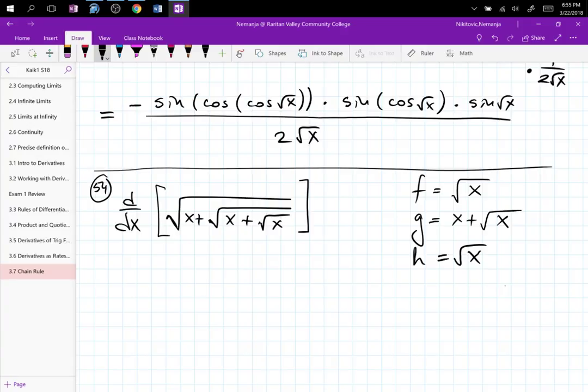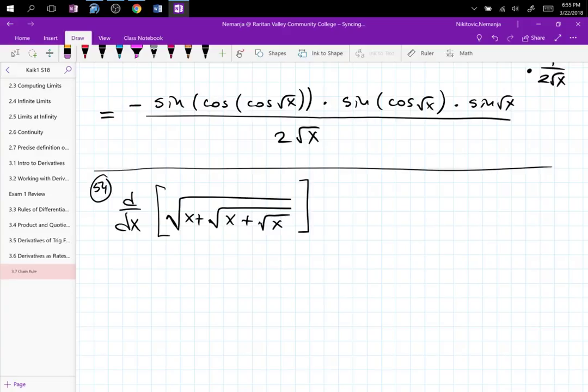No. So this problem, to take the derivative looking at this is not going to be pretty to write. Let's see if we can deal with the derivative in a logical way without actually writing the decomposition.